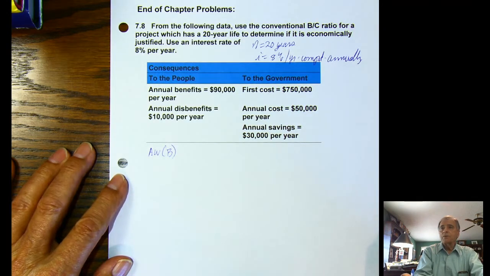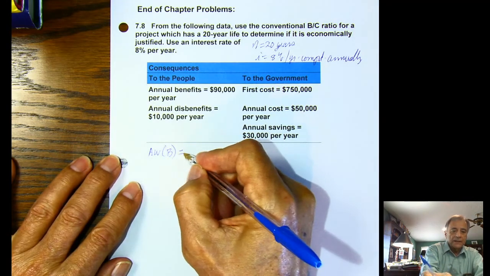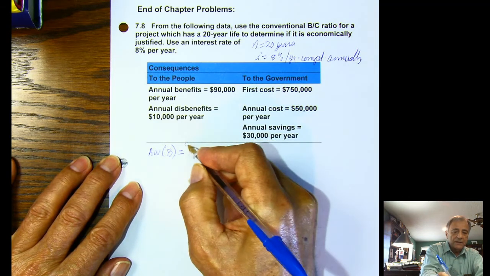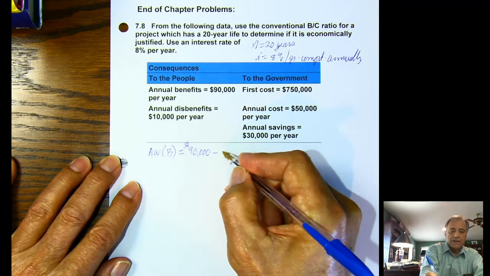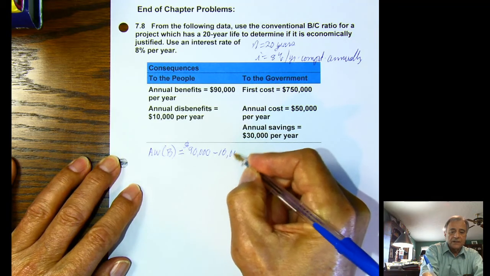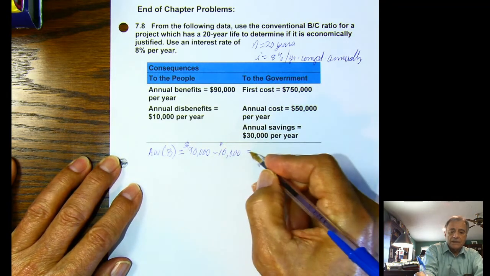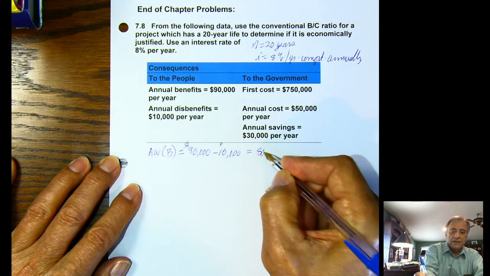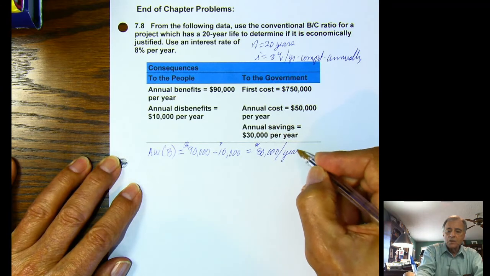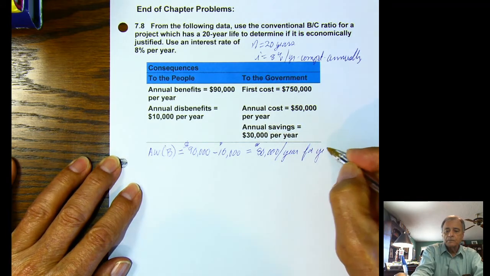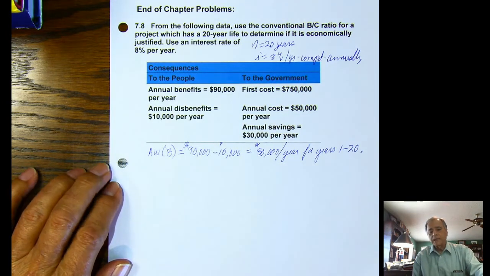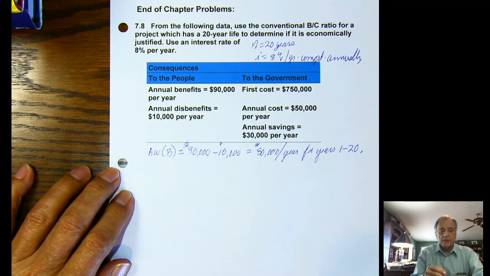The annual worth of the benefits, well, we got $90,000 per year as a benefit, and then I subtract the disbenefit of $10,000, so this will be the net benefit. So the annual worth of the benefits is $80,000 per year for years 1 through 20. Well, how about the annual worth of the cost then?